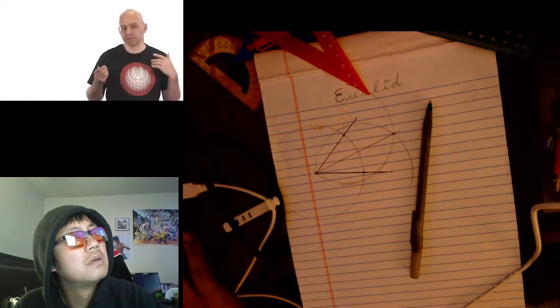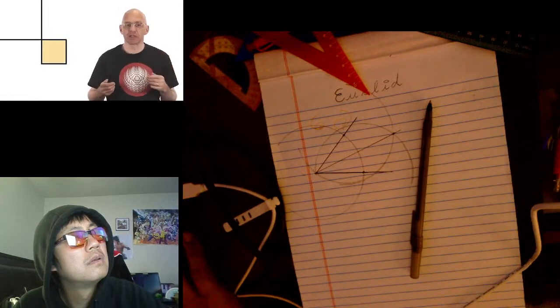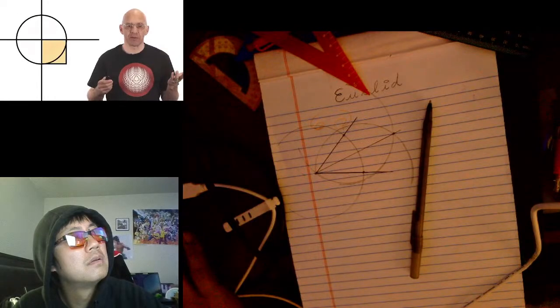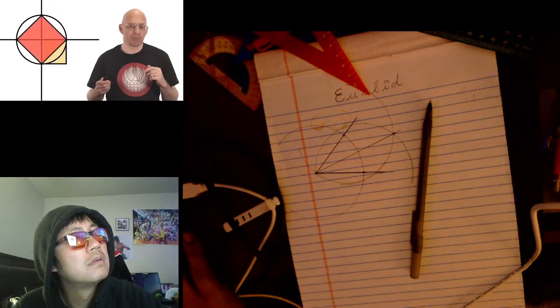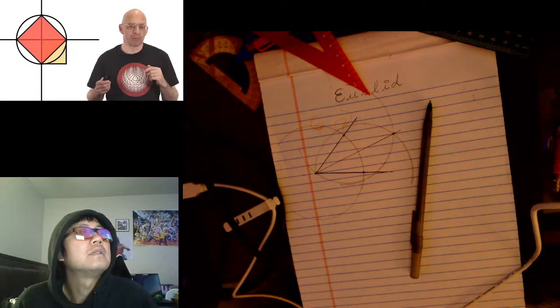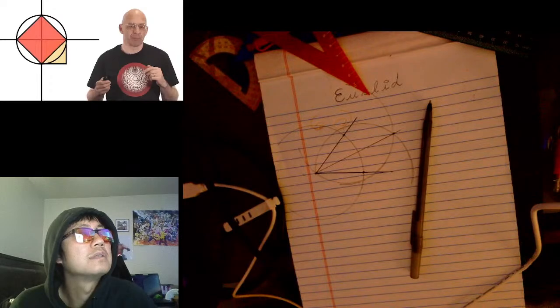For example, given a square, we could construct a new square of twice the area just using... Twice the area.